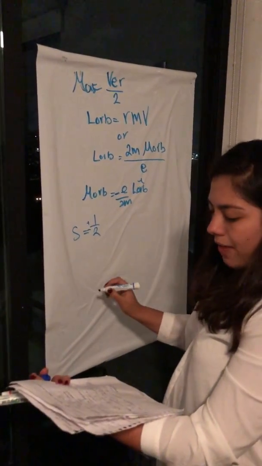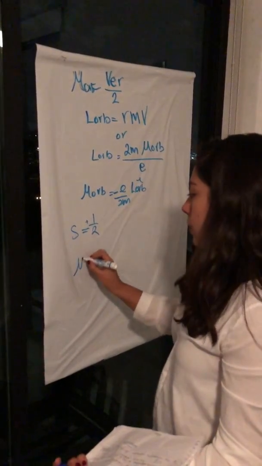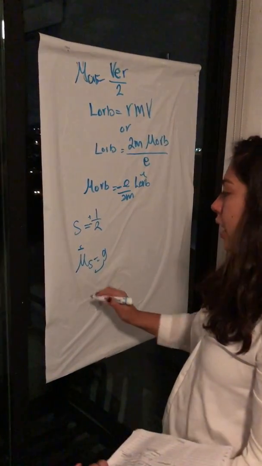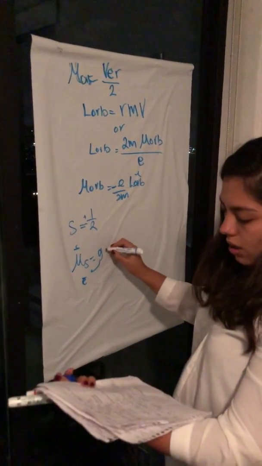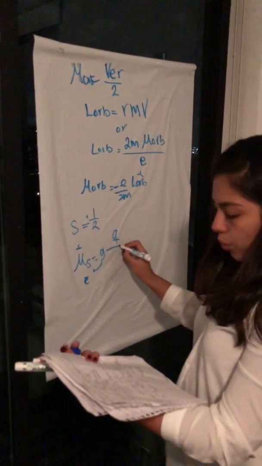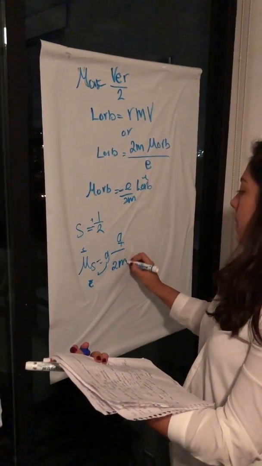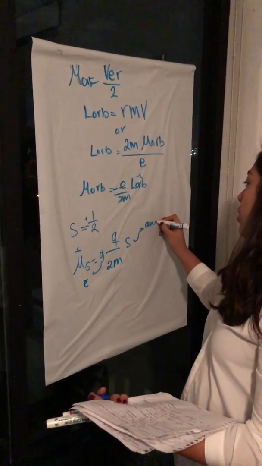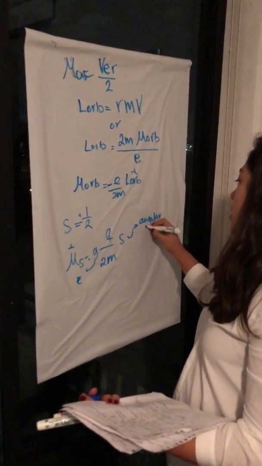So with this we can have the magnetic moment that would be given by ms g, that is the numerical value of the electron, times the charge over 2 times the mass times s, that is the angular momentum or the spin.